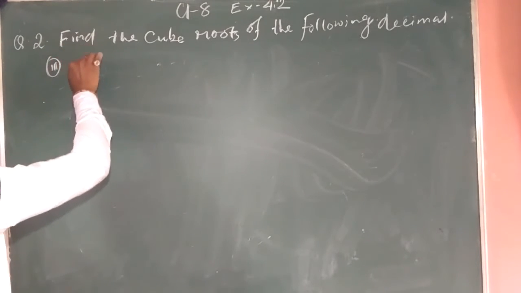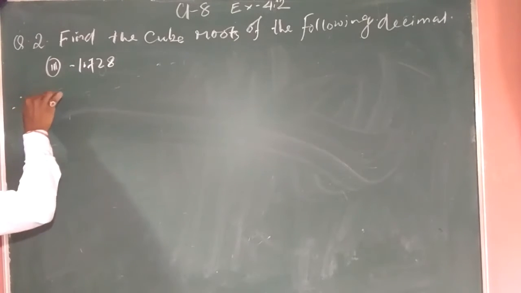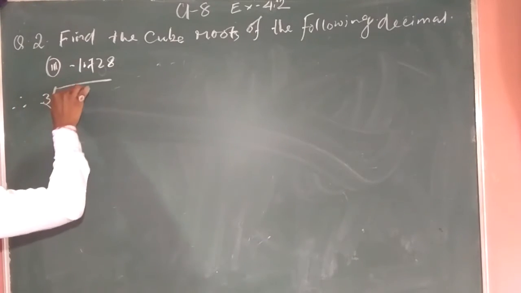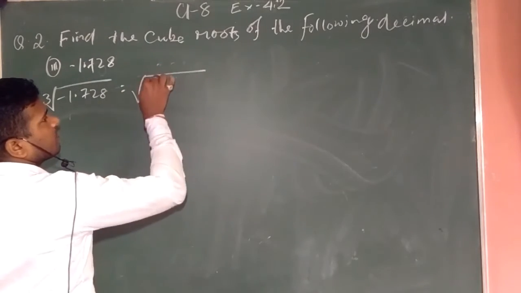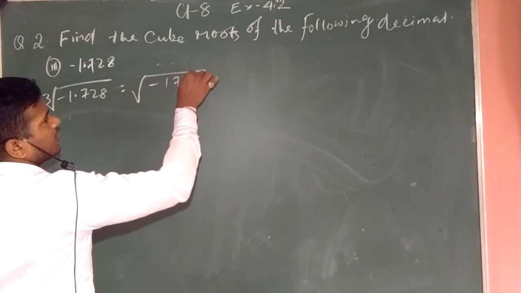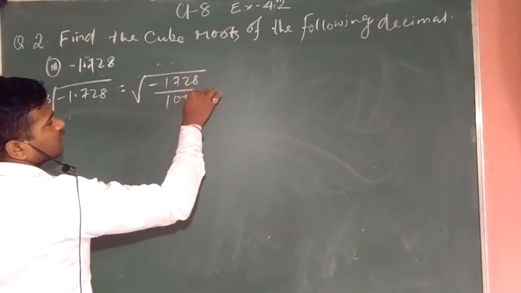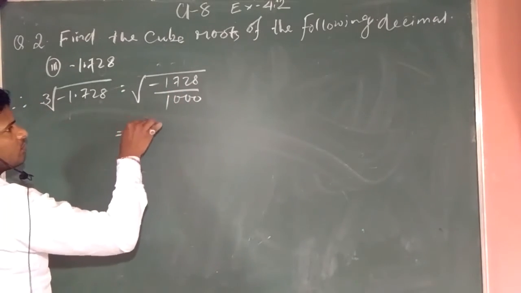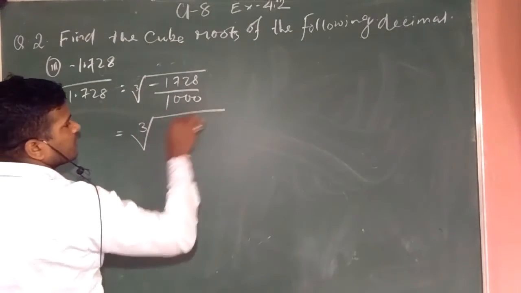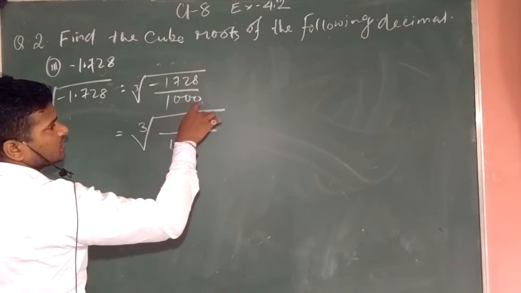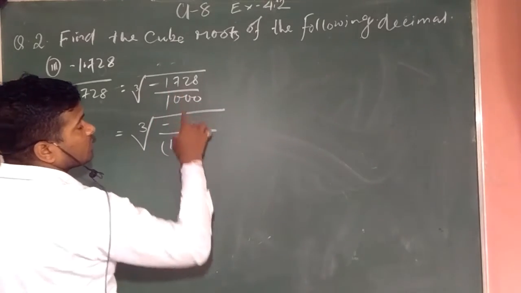Therefore cube root of minus 1.728 is equal to cube root of minus 1728 by 1000. After the point there are 3 digits, so 10 cubed. Now cube root of minus, so minus will be there.